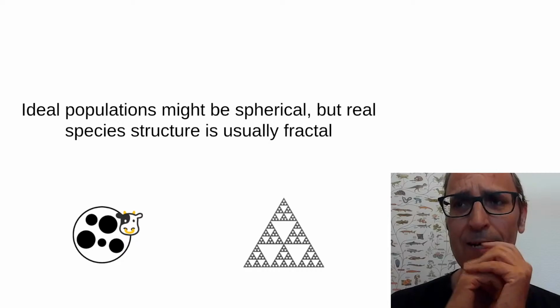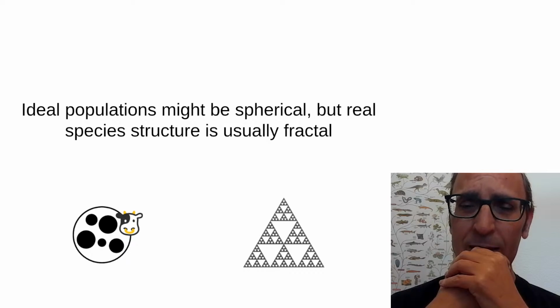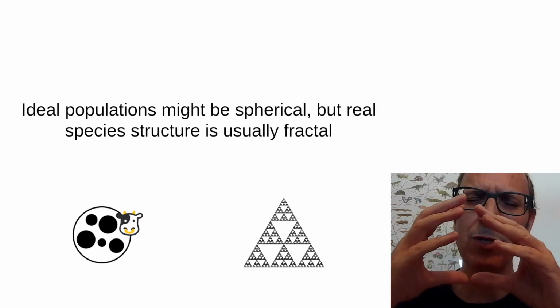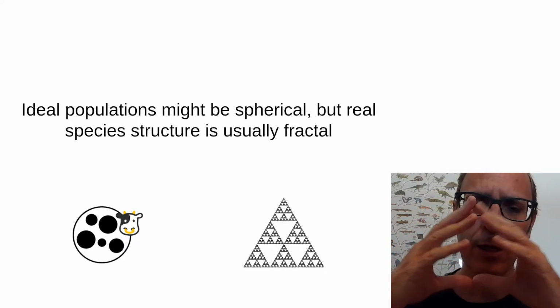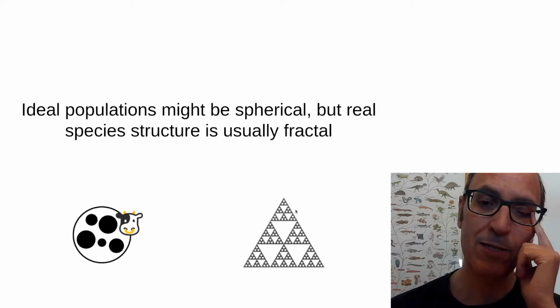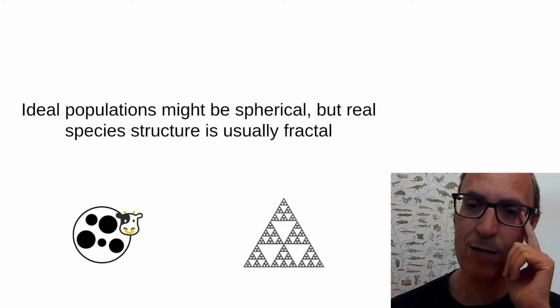A fractal structure is a geometric structure that is similar to itself at different levels. Here you have the Sierpinski triangle. This is a triangle that inside has more triangles, and inside each triangle you have more triangles and more triangles.